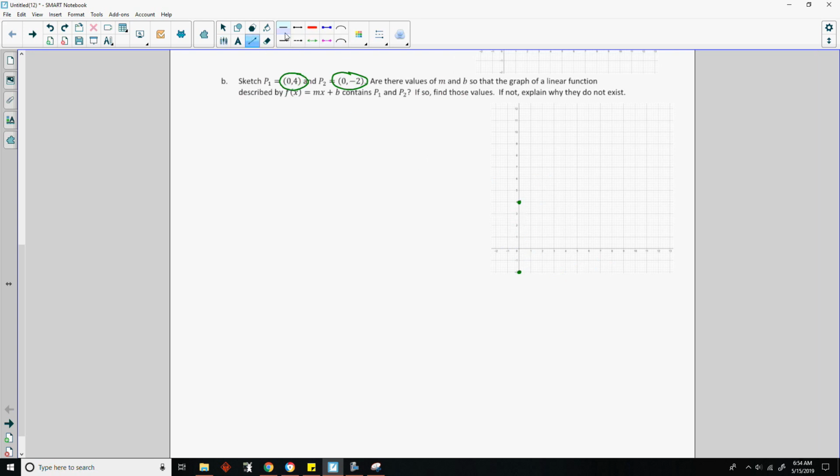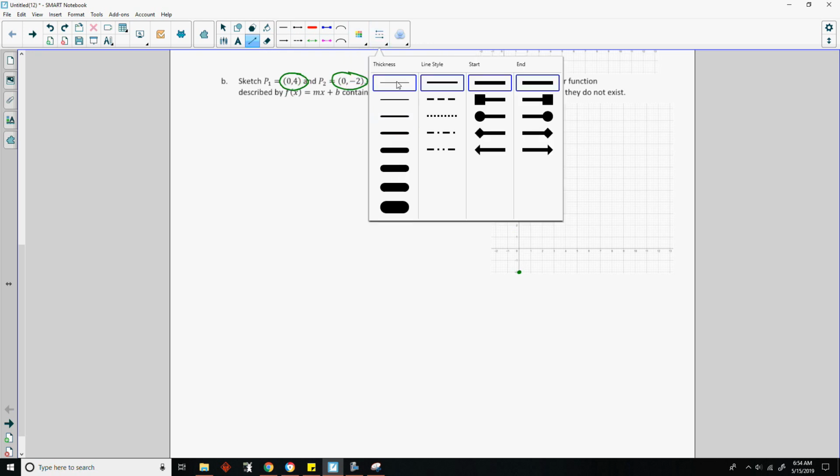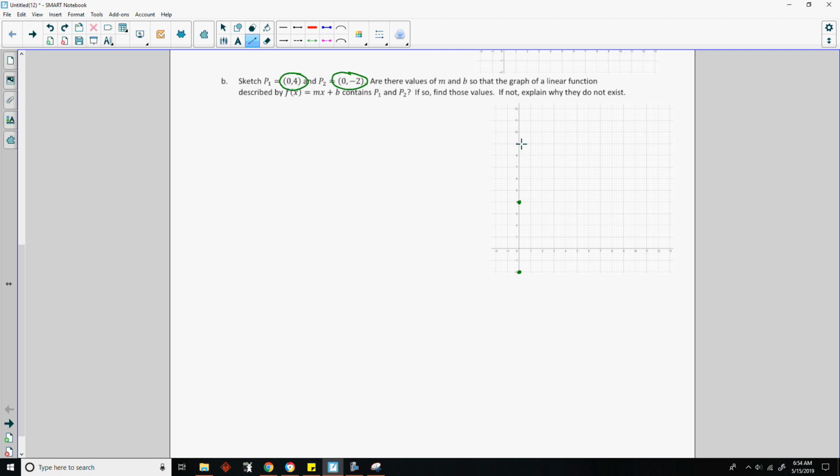So this should create a line that goes through those 2 points. Let me extend it further this time. Okay, so there it is. And then if I draw arrows on the ends, there's what my graph should look like.